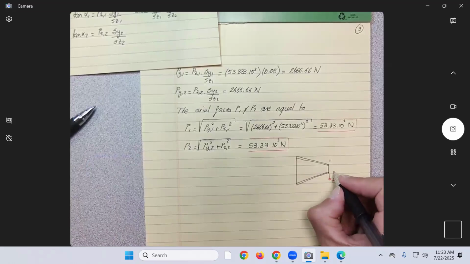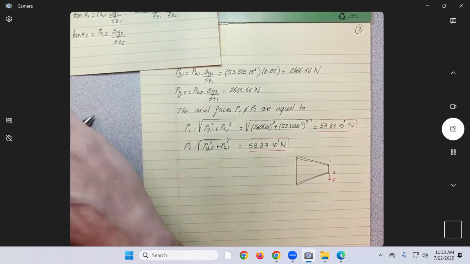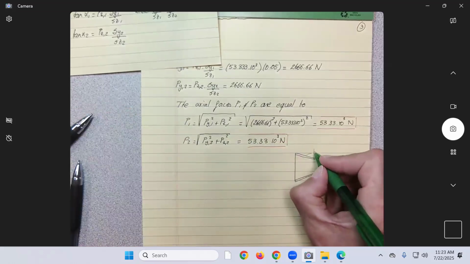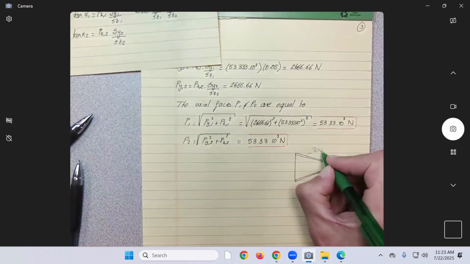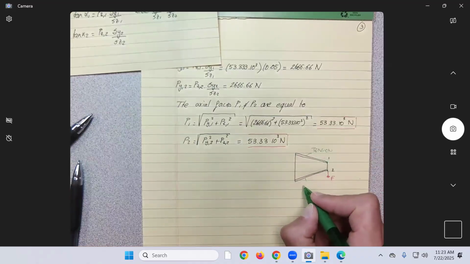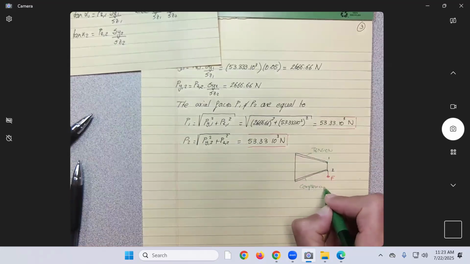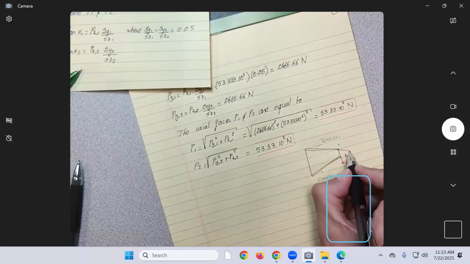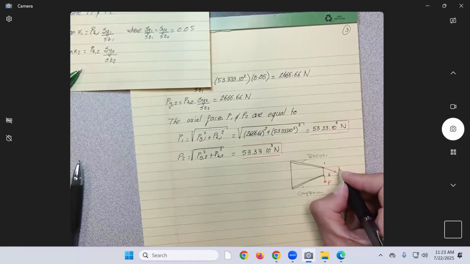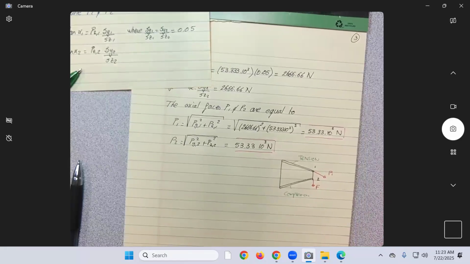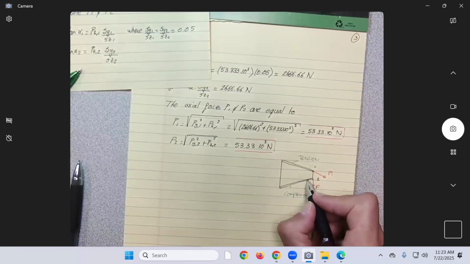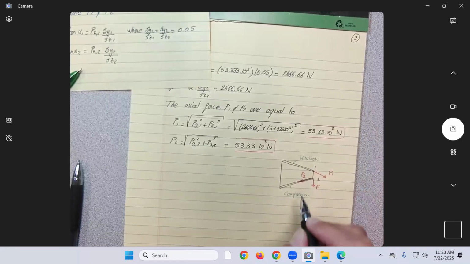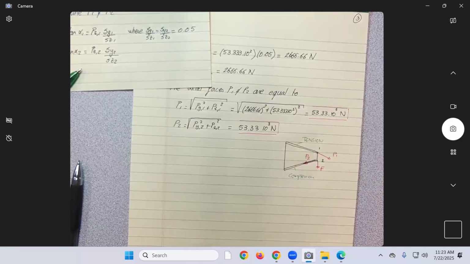Remember, if this is what we have, the top would be in tension and the bottom would be in compression. So if it's in tension, this will be P1, and if it is in compression, this will be P2.